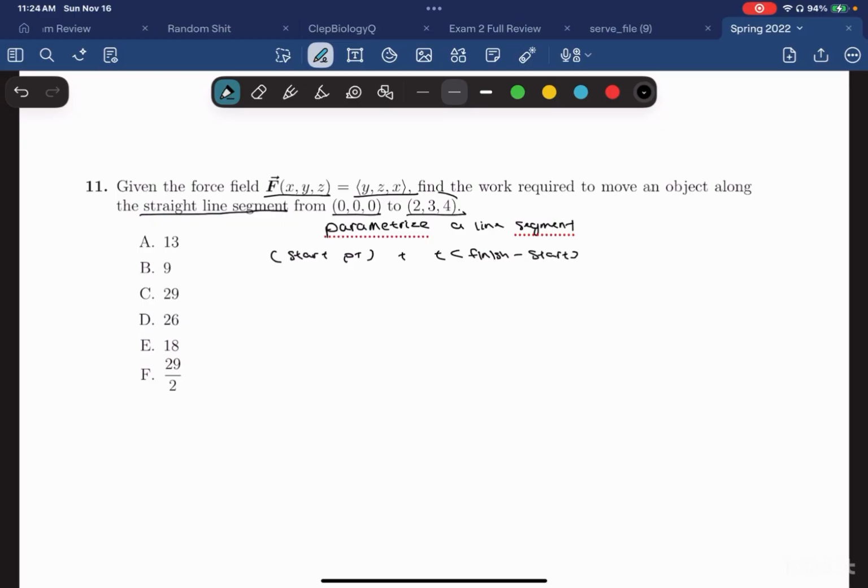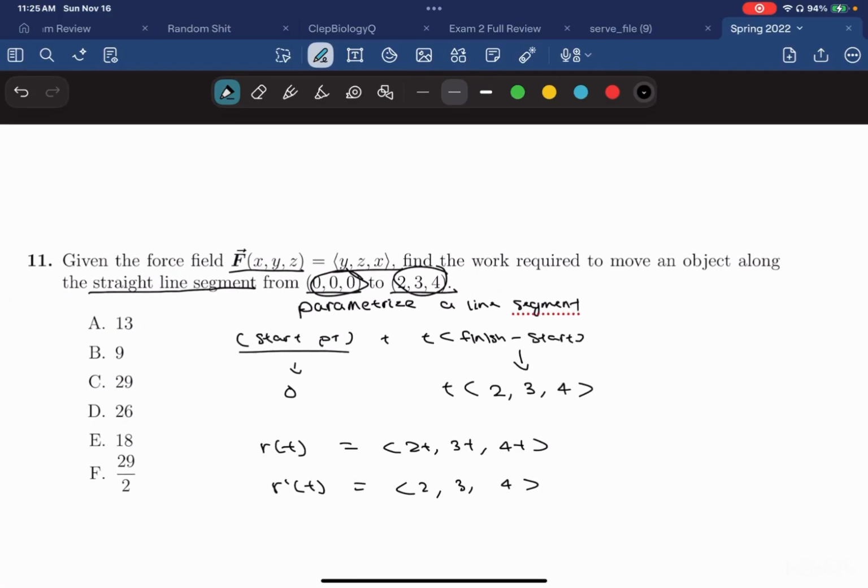This is our finishing point, this is our starting point. So the finishing point minus start is simply 2 minus 0, 3 minus 0, and 4 minus 0, which gets you 2, 3, and 4. That should be a vector times t. Our start points are all just zeros, so in this case, when we parameterize, our r of t will just become 2t, 3t, 4t. And our r prime of t becomes 2, 3, and 4.